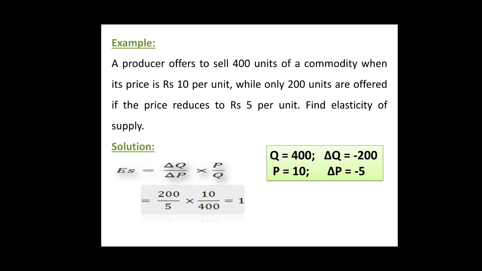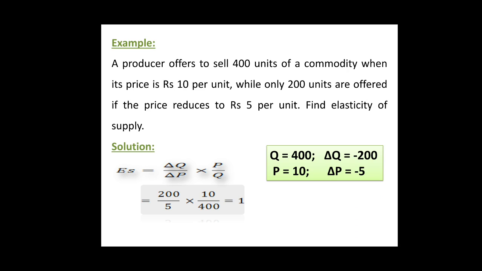That is, when price of that commodity reduces from rupees 10 to rupees 5, quantity supplied of the commodity also decreases from 400 units to 200 units. And we have to find the elasticity of supply.